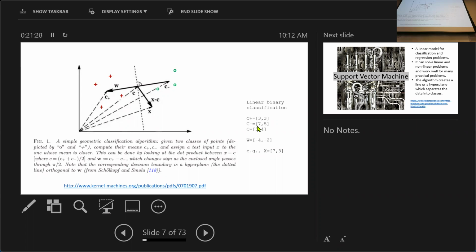Now you have to compute a dot product between this vector, the purple one, from C, the center, to X, and W itself.